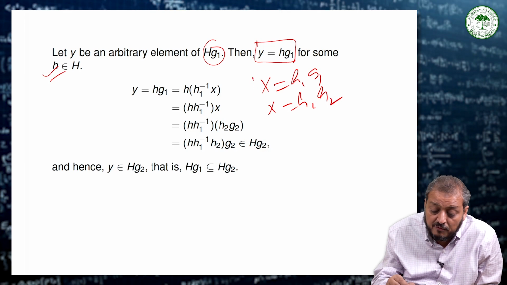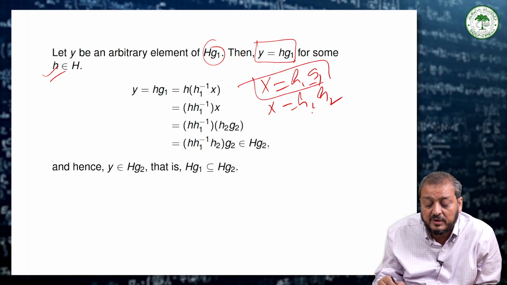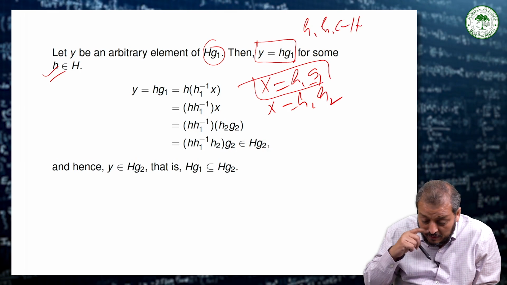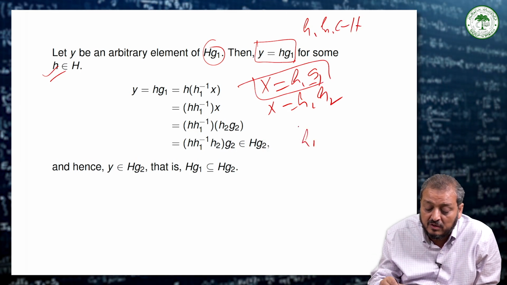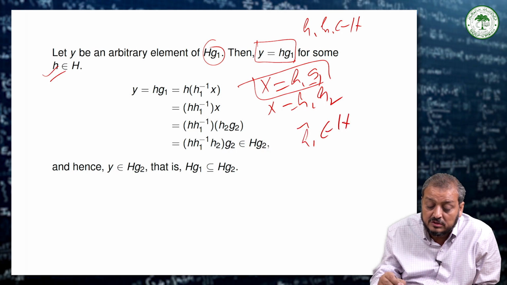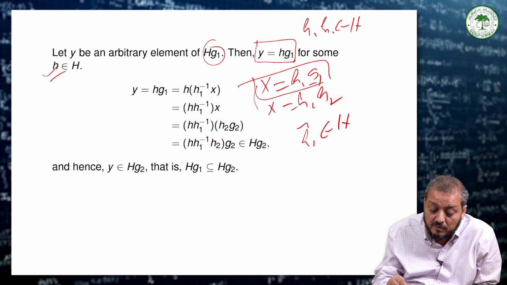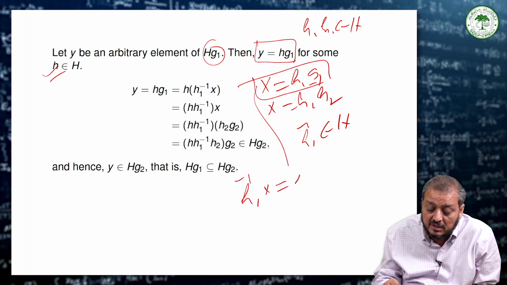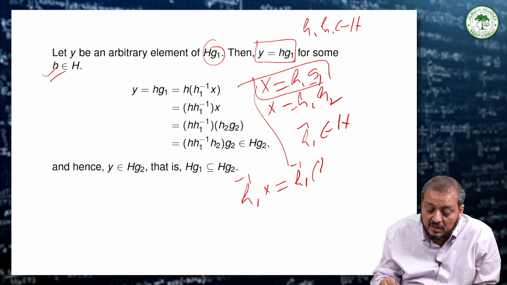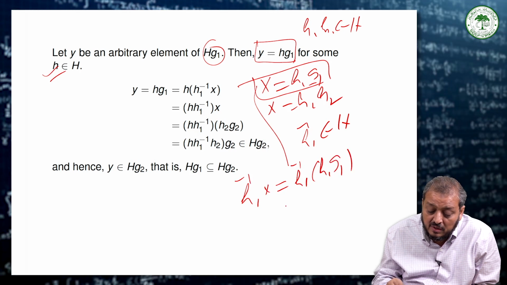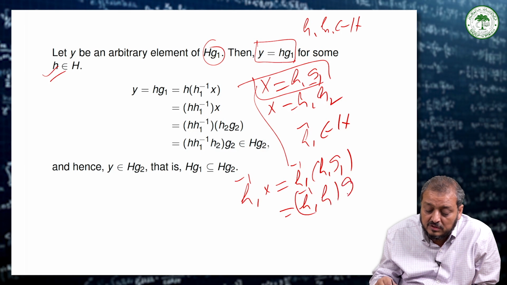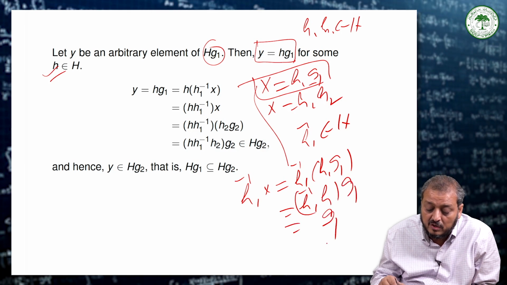Now from this we can say that h1 and h2 are elements of H. If h1 is an element of H, then h1 inverse is also an element of H. So we can write h1 inverse x as h1 inverse h1 g1, which by the associativity property is equal to identity times g1, which is g1.